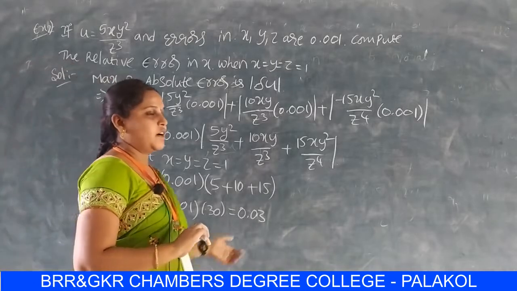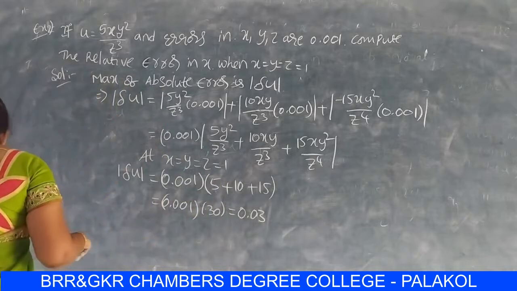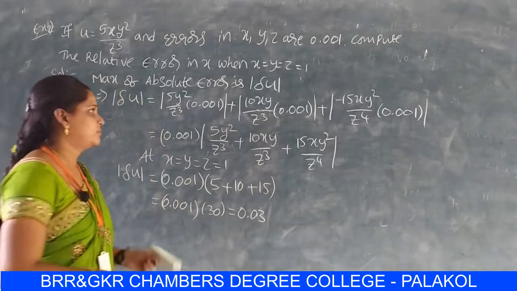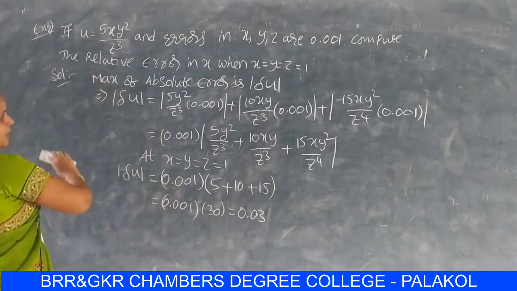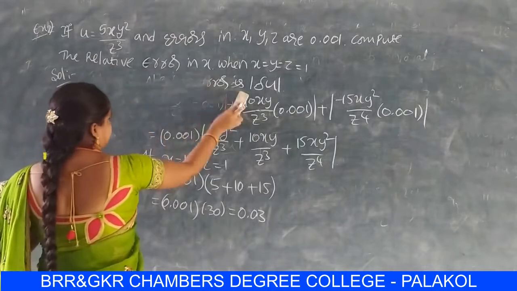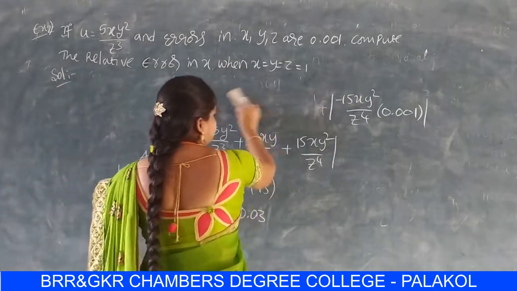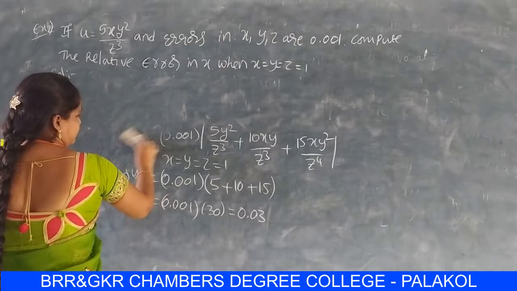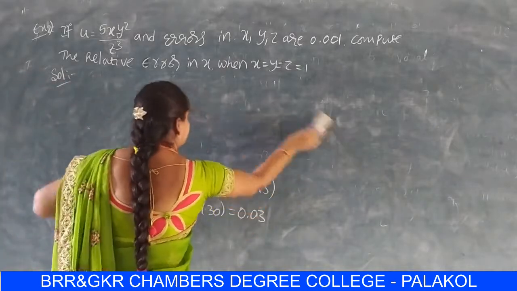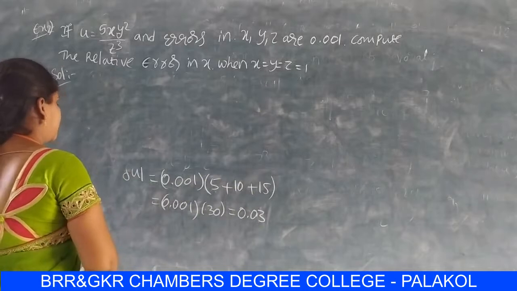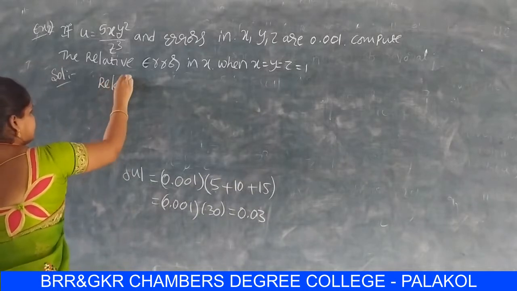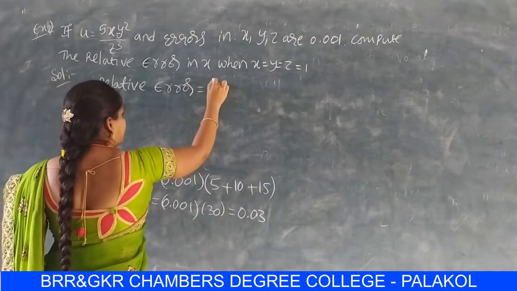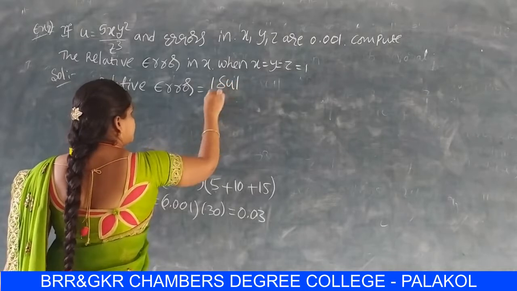So this is called absolute error based on the general error formula. Now let us find the relative error. Relative error is equal to modulus of delta u by u.